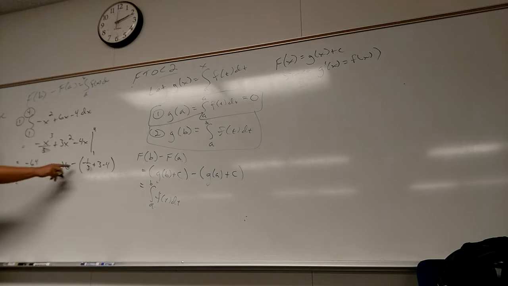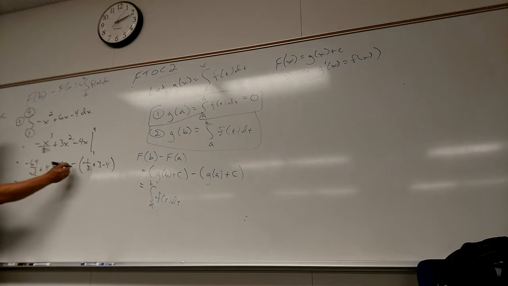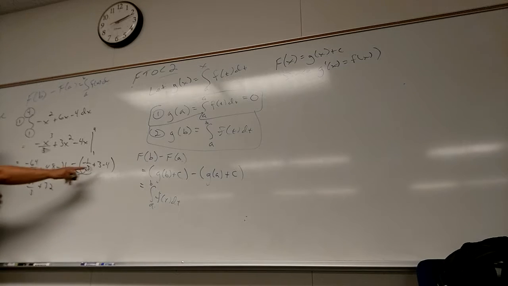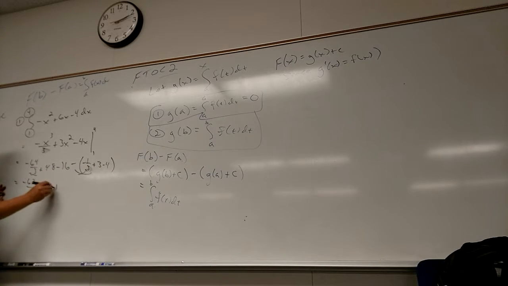So you get plus 1/3, so you get negative 63 thirds. Is that cool? Negative 64 thirds plus 1/3. Here you get 32, and then here you get minus negative 1. Is that decent? I put my thirds together because now I got a nice number.